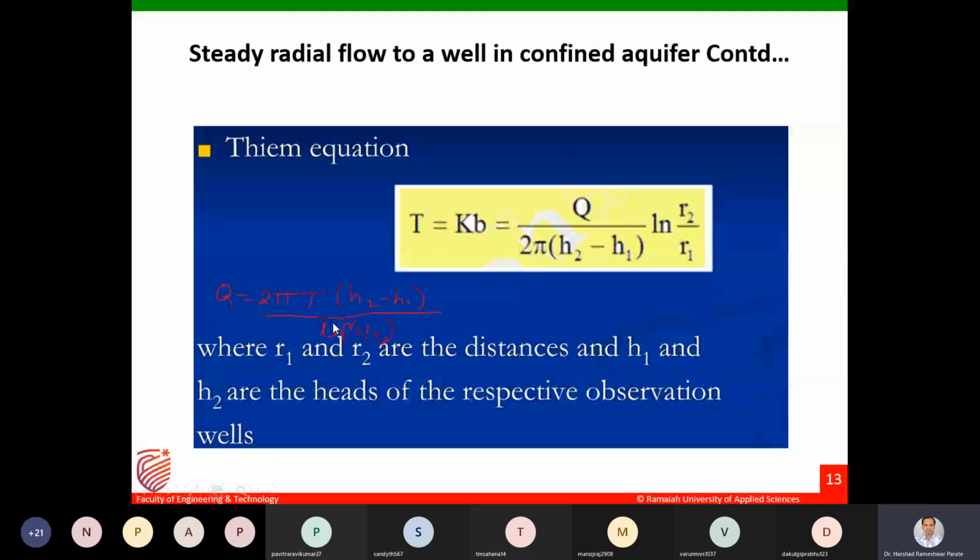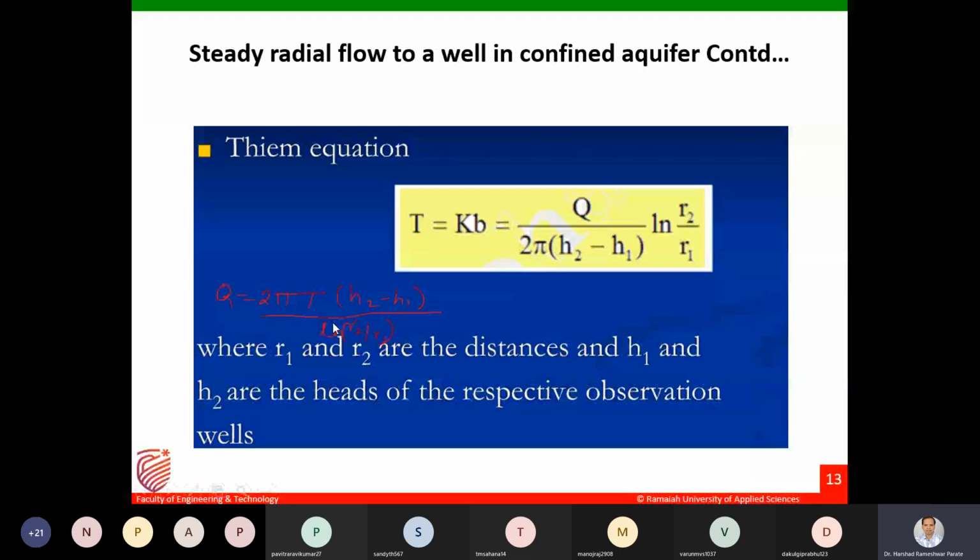We need basically the difference in that level. When you go with respect to piezometric head, you can see the borewell at the farther distance has a higher head compared to here. That is why we do H2 minus H1. But when you go for drawdown, your S1 is higher than S2.